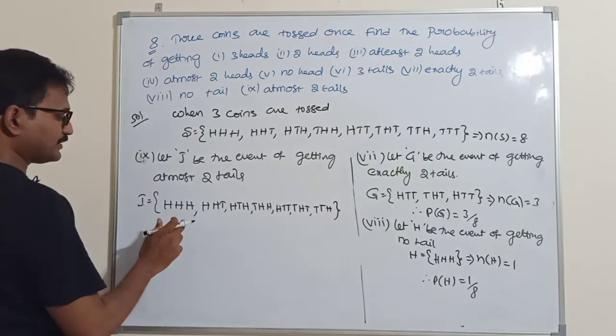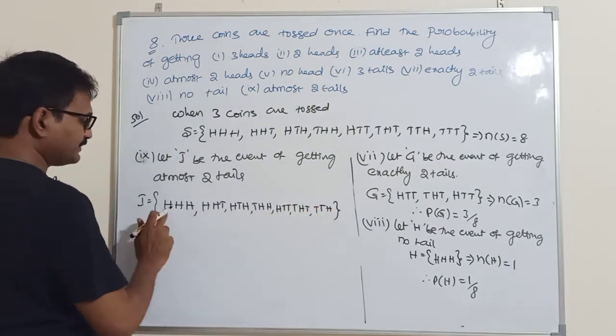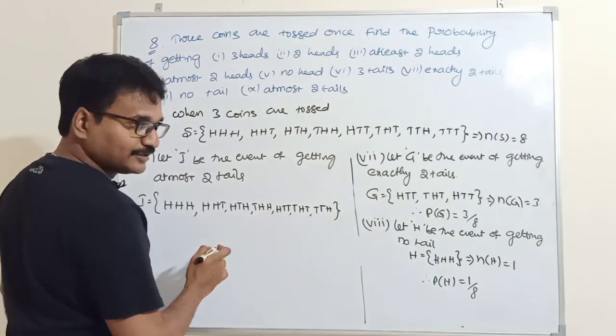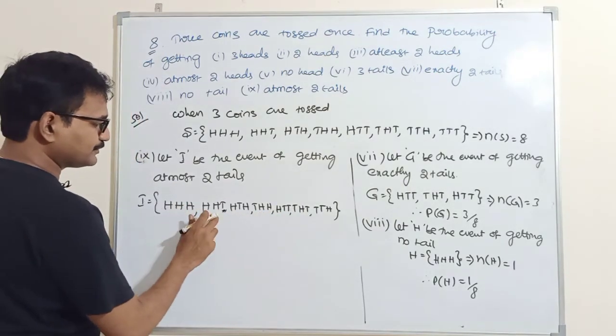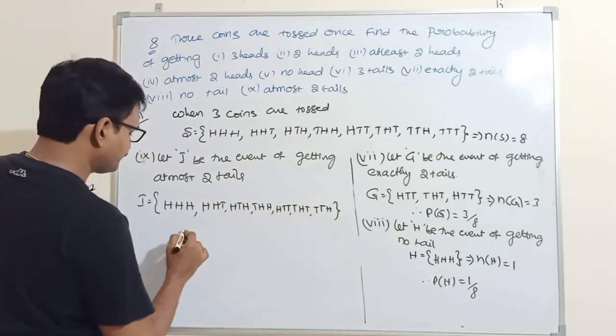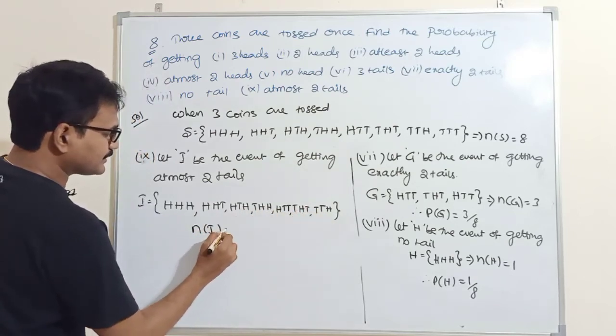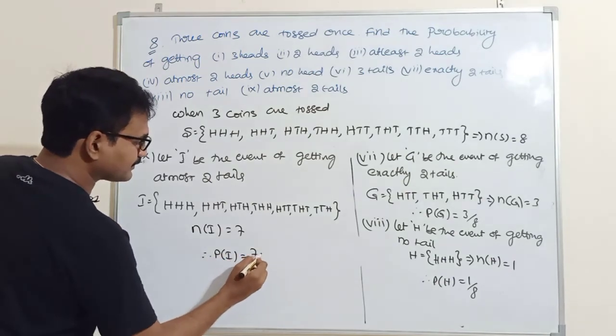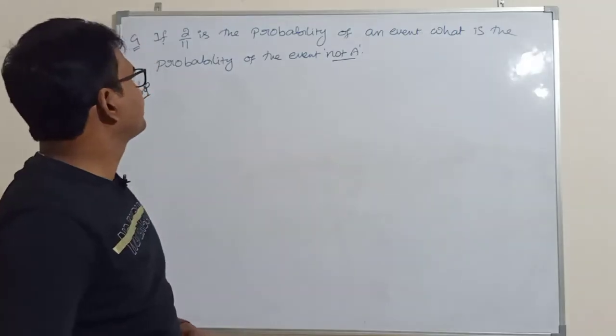The maximum number of tails is 2 and the minimum is 0. So at most 2 means either 0 or 1 or 2. Therefore the number of sample points is 7. Therefore P of I is equal to 7 by 8.